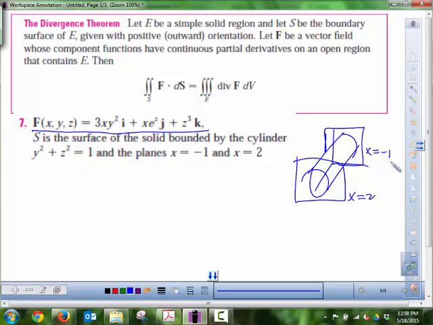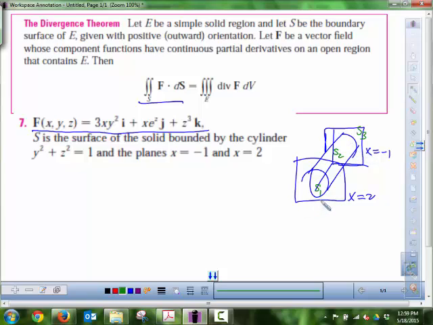If you were to do this directly, finding the flux integral, you would need to take 3 surfaces, S1, S2, and S3, and then run this field through the flux over each of those surfaces individually, so you'll have 3 flux integrals to compute.